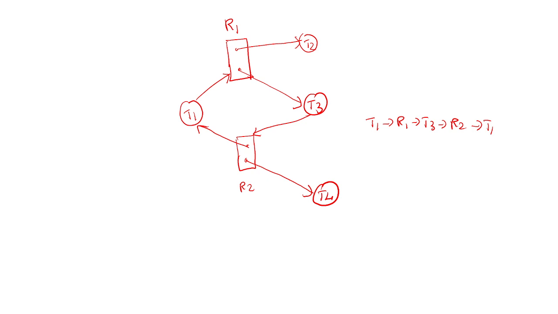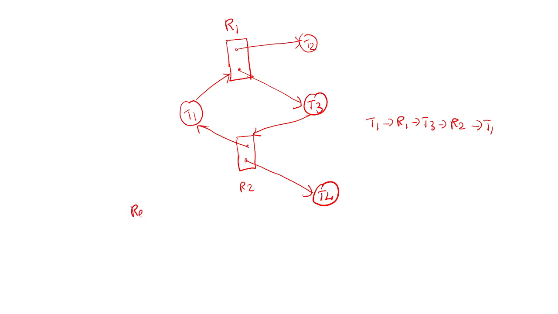So T1 gets the resource R1 after T2 completes. Like that, T3 gets the resource R2 once T4 completes its execution and releases R2.